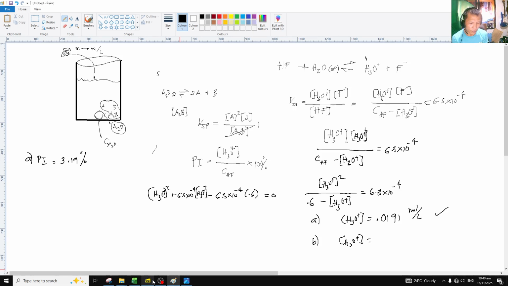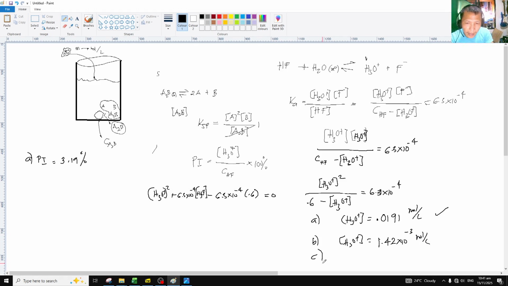So negative 0.0046 times 6.3 exponent negative 4. So that would be 1.416, or 1.42 times 10 to the negative 3 mole per liter.